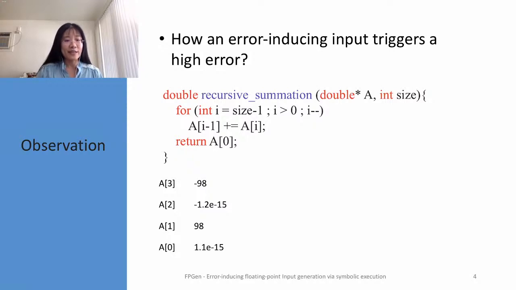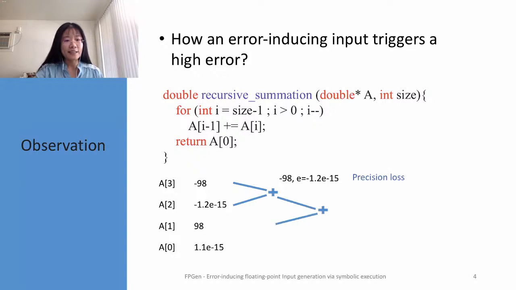Specifically, there are 3 additions. In the first addition, it adds A3 to A2, and the result is negative 98. Here, E represents the error in the result. As we can see, the value of A2 is rounded off. So this is a case of precision loss.